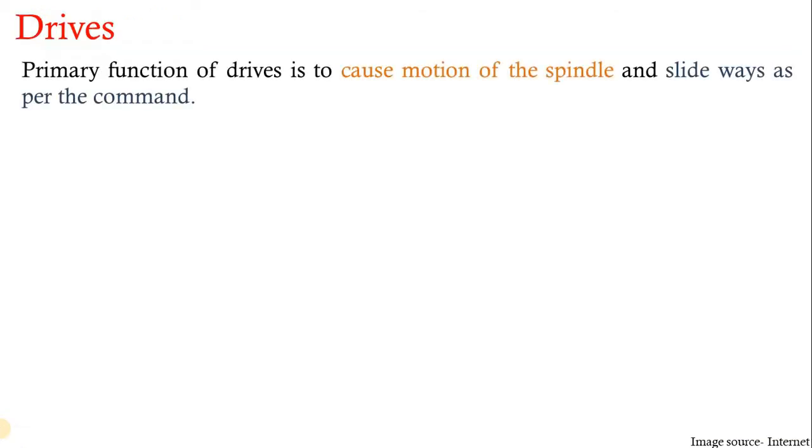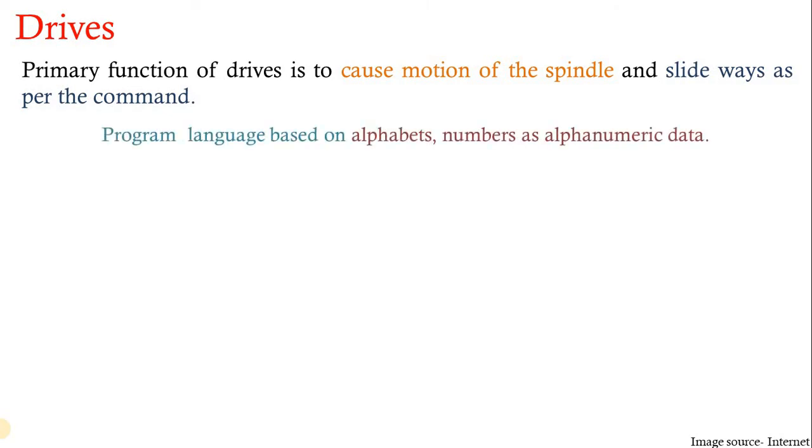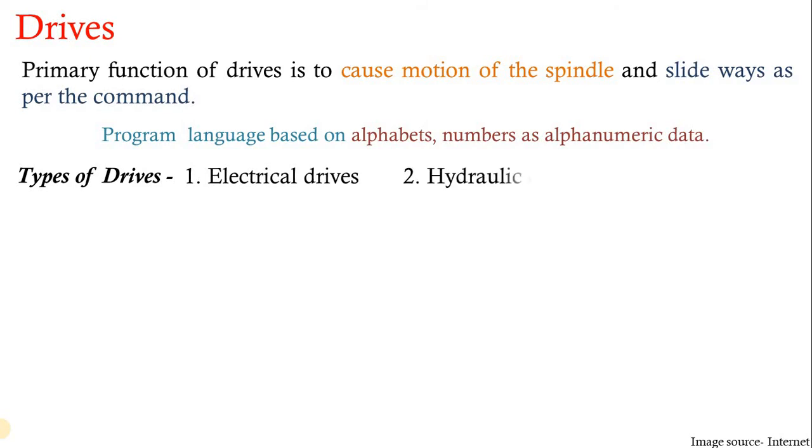Next one is the drives. The primary function of the drives is to cause motion of the spindle and slideways as per the command. The program language we give as a command, that is alphabets and numbers, is called alphanumeric data. These drives are of two types, electrical drives and hydraulic drives.